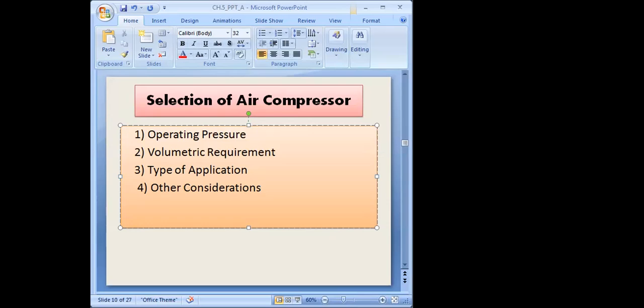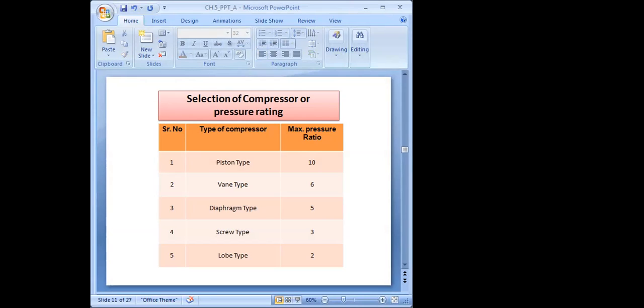These parameters we also need to consider while selecting the air compressor. Getting it? So these are the important parameters to be considered while selecting the air compressor. Now, along with the selection of the compressor, you should consider the pressure rating also.